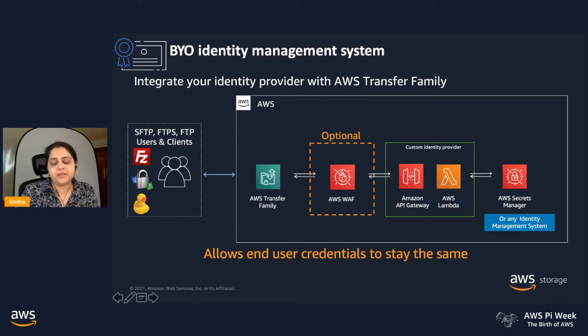In this example, I've shown Secrets Manager, but it can be any identity management system that you would supply a Lambda that's fronted by an API gateway, so that in real time, when your users log in, we would query your identity provider using your Lambda and authenticate and authorize them. So what this means is your end user credentials can stay the same, and you can keep their credentials securely stored in your current identity management system.